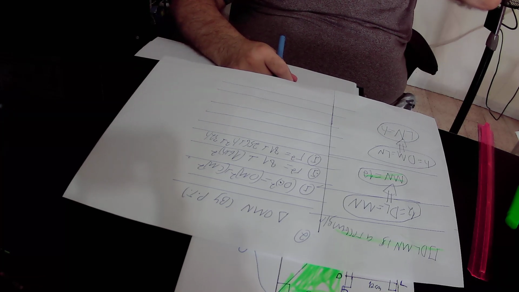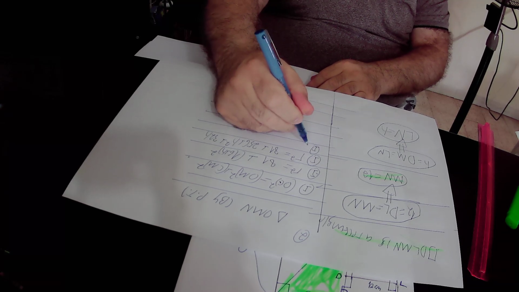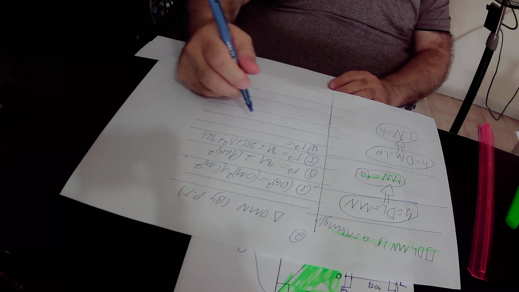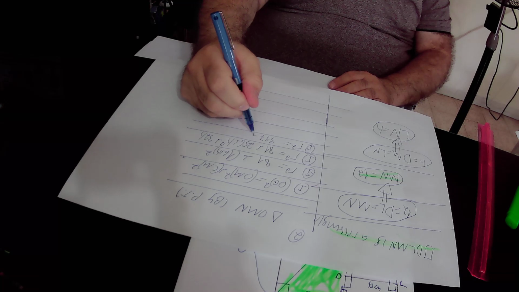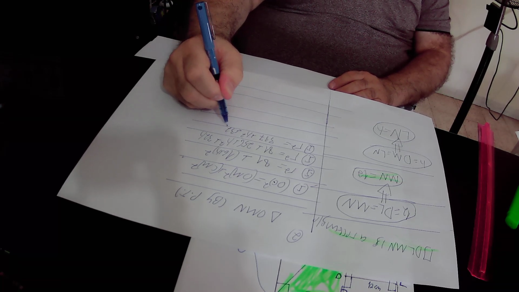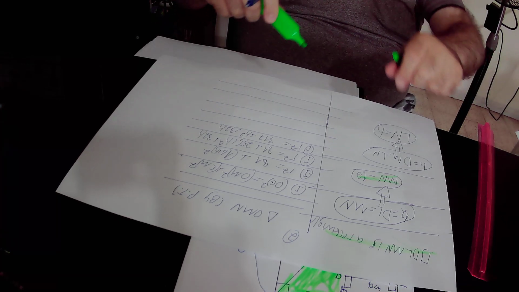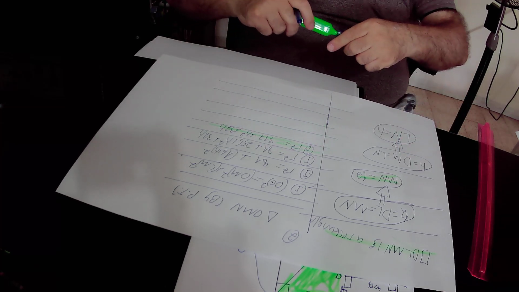So we found that according to equation number 1, R square equals 81 plus 256, which is 337, plus H square plus 32H. So according to equation number 1, R square equals 337 plus H square plus 32H.